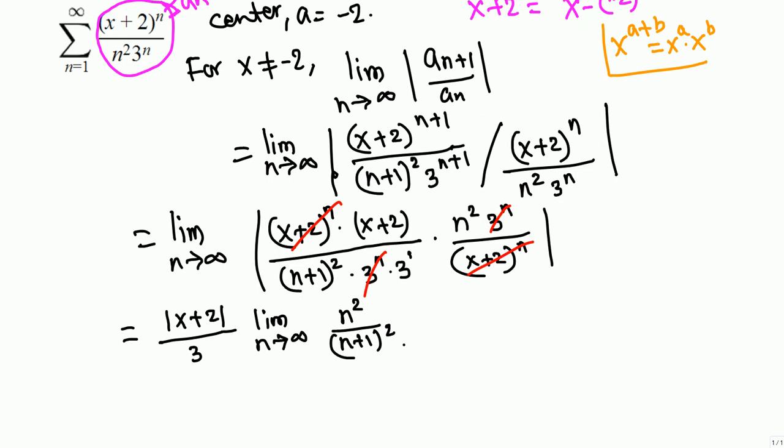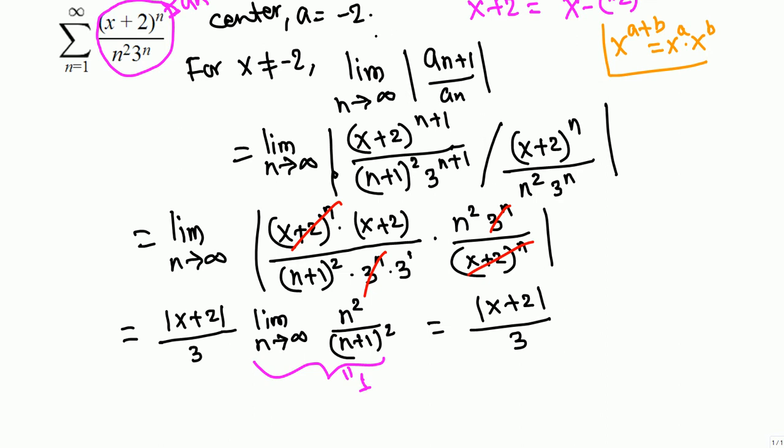We don't need absolute value anymore because these are positive terms. Now let's find this limit. This infinite limit depends on the leading terms. (n plus 1) squared is n squared plus 2n plus 1. The leading term is n squared, which cancels, so this limit is 1. Then we have absolute value of x plus 2 over 3.